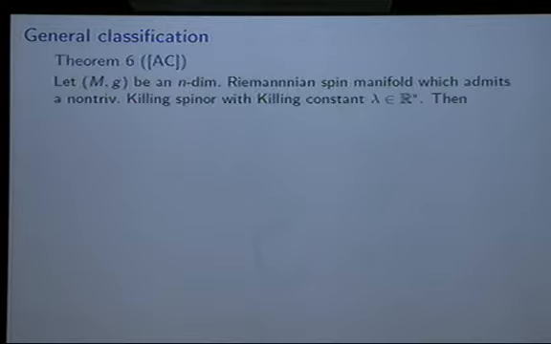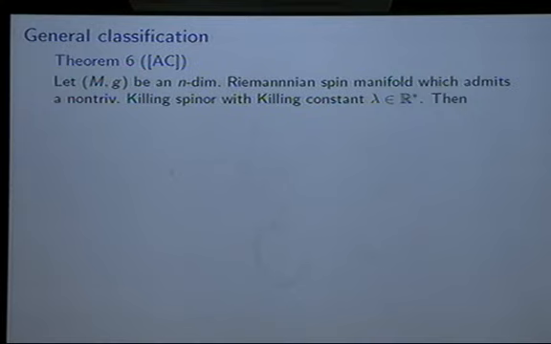Now what can we do with our results about holonomy of general cones without assuming completeness? We can obtain the general local classification of manifolds with Killing spinor.